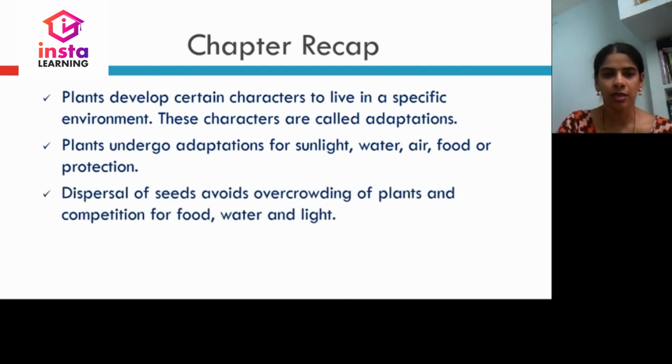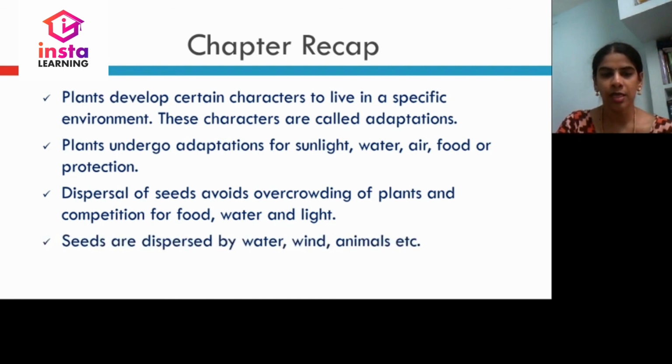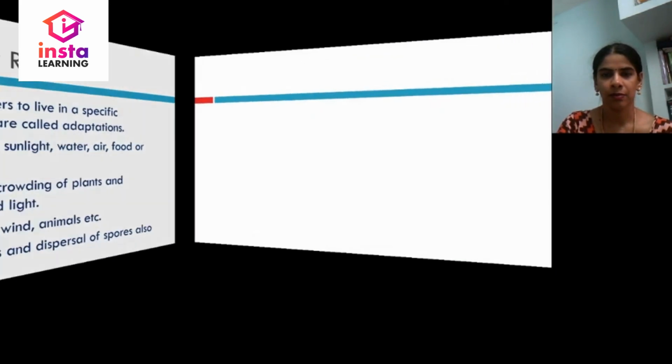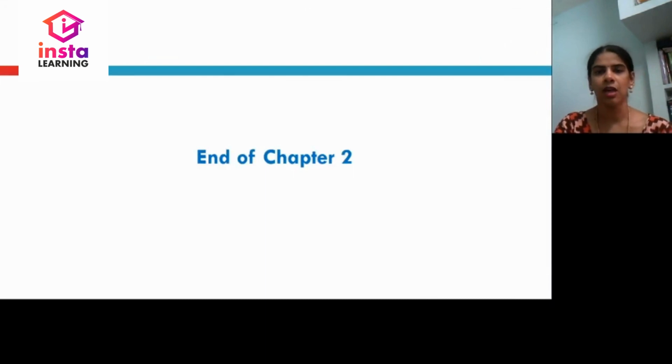Dispersal of seeds avoids overcrowding of plants and competition for light, food, and water. Seeds are dispersed by agents such as water, wind, animals, etc. In some plants, bursting of pods and dispersal of spores also take place. This ends our chapter 2.